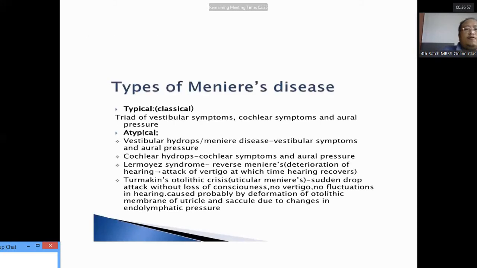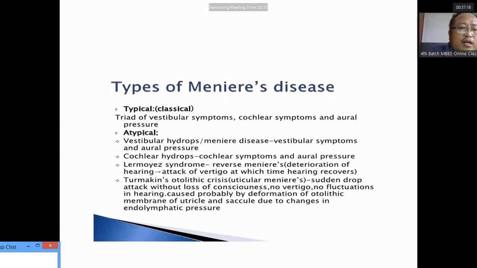And there are a few variants or different types of Meniere disease. Typically, as we have discussed earlier, there is a vestibular syndrome, cochlear syndrome, and aural pressure, but not 100% of patients come with those features.